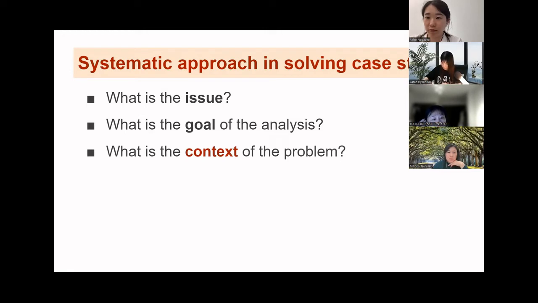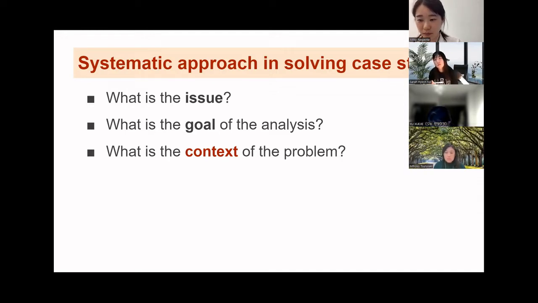Okay, what is the context of the problem? Context means the situation, because this is historical. Historical means things which are already past. For example, the tsunami, 2010 or 2011, an earthquake and tsunami hit. Many car companies had to stop production because the critical parts were made near the tsunami area.